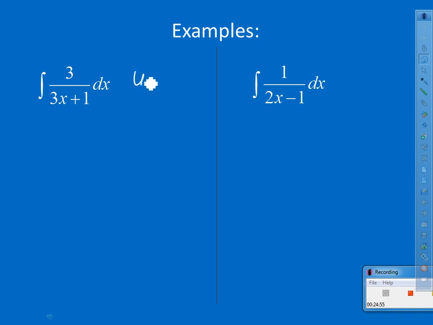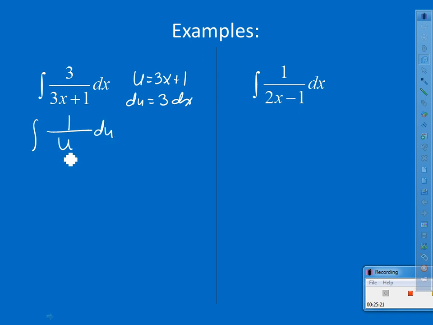I'm going to let u equal 3x plus 1. That means du is going to be a 3 dx. I need to see a 3 dx, and I do, so I don't have any extra work to do. This becomes the antiderivative of 1 over u, where 3x plus 1 is my u and my 3 dx is my du.